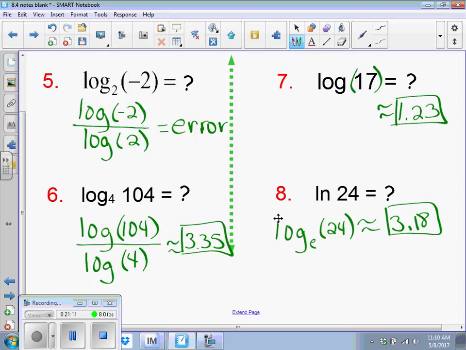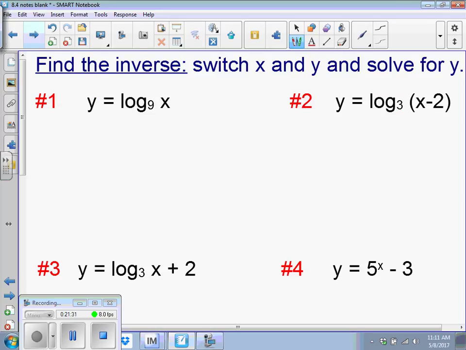Okay. The next section, they're going to give us a function, and we're going to have to find the inverse. Do you remember how to find the inverse? There were 2 steps. First, switch x and y, and then step 2, solve for y. So this is just going to be manipulation.